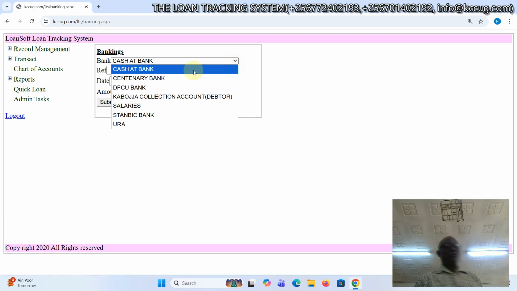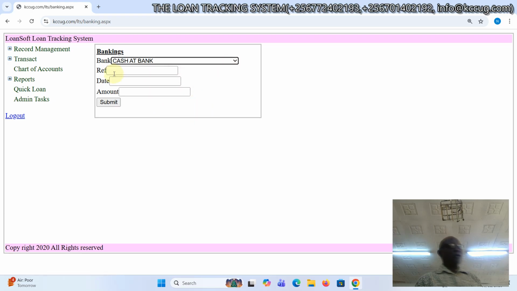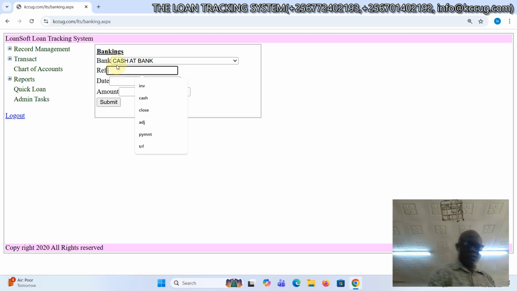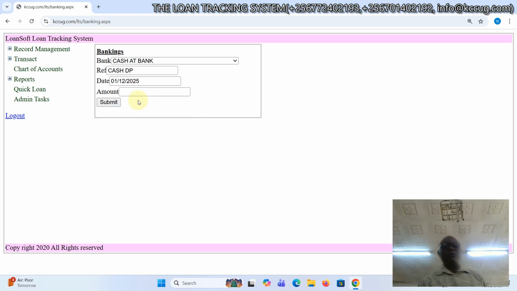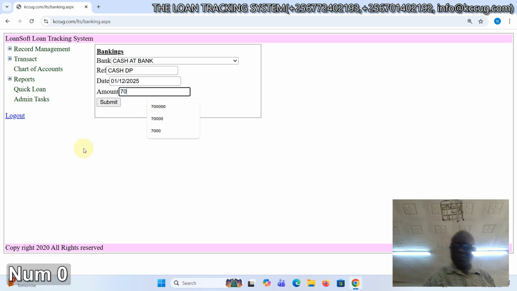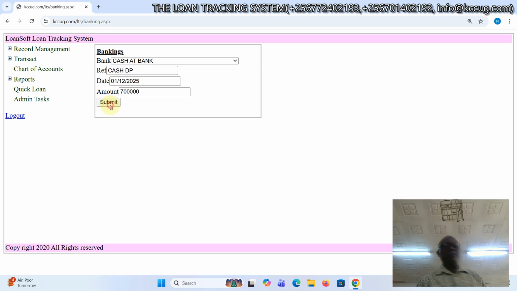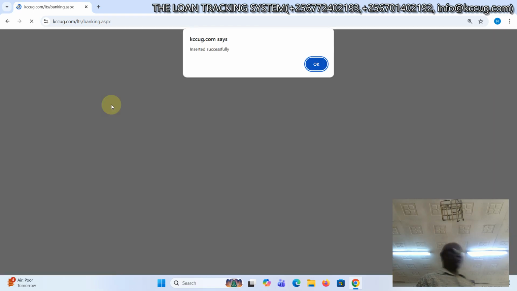The money is going to cash bank, and then you say this is a cash deposit, cash DP, you get the date, 1st of December 2025, indicate amount 700,000 shillings, and then you click submit.